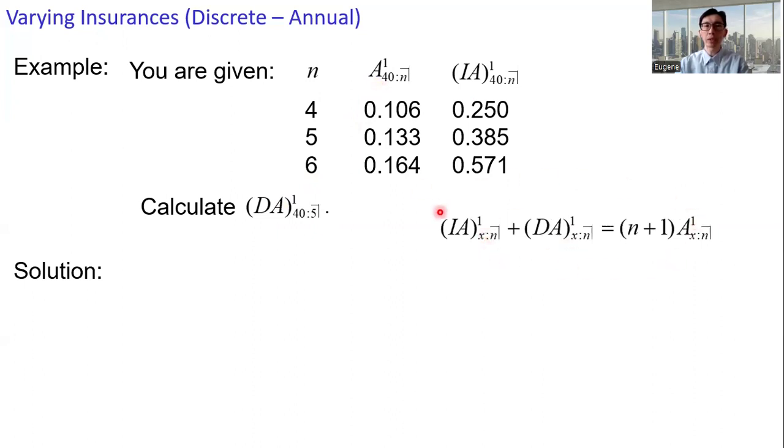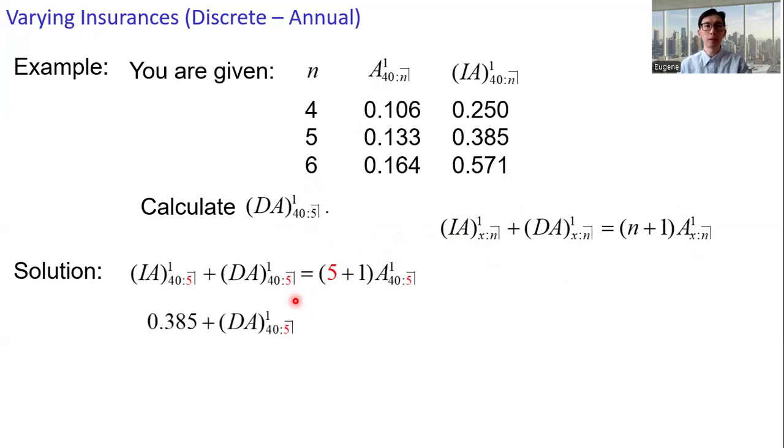So we can make use of this relationship. Here N equals 5. We get a 5-year term increasing insurance 0.385. And then on the right-hand side, we have 6 times the 5-year term insurance. Solving for that, we get the desired quantities.